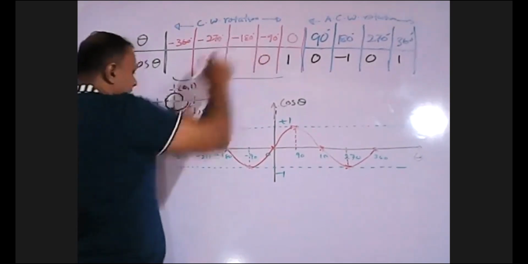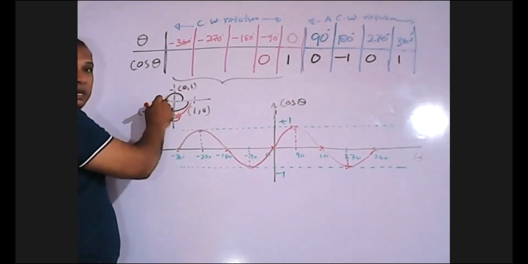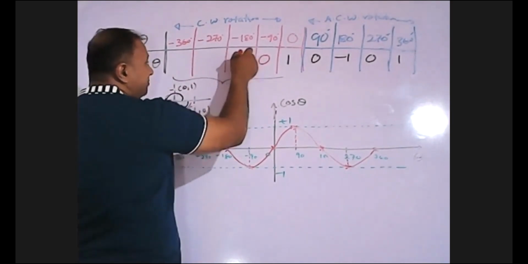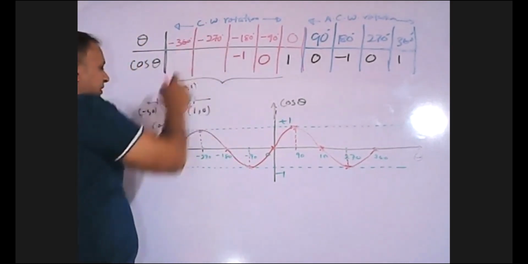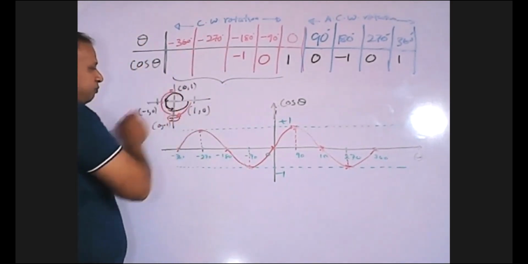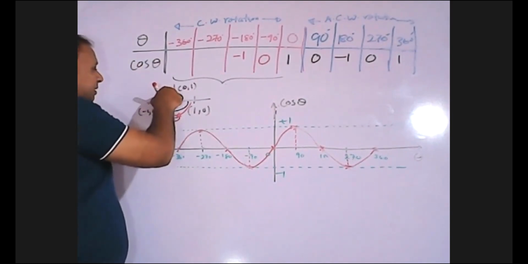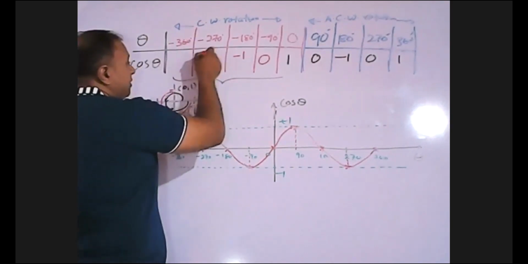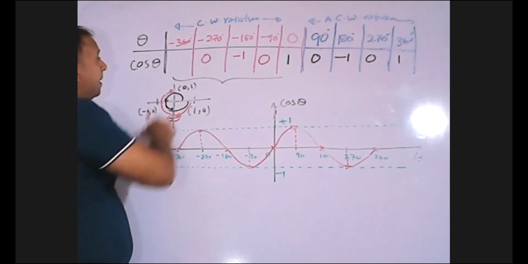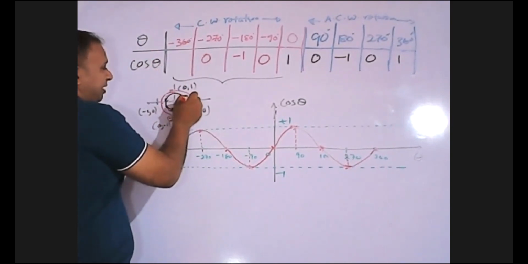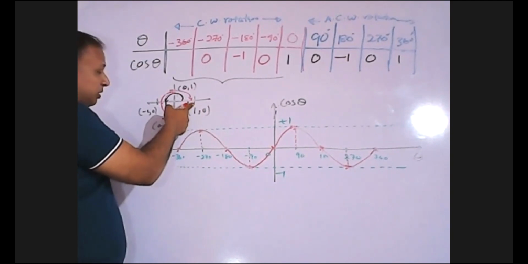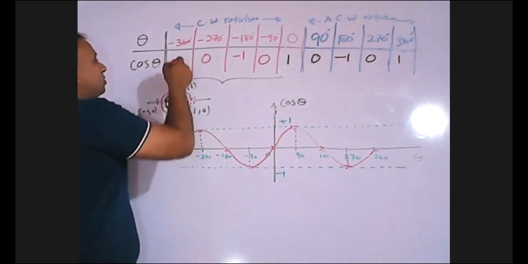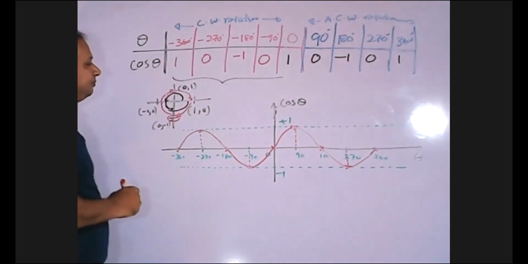Then minus 180 means same as plus 180. So it is equal to minus 1. Minus 270 means this point. So x value of this point is equal to 0. Minus 360 is equal to this point. So x value of this point is plus 1.